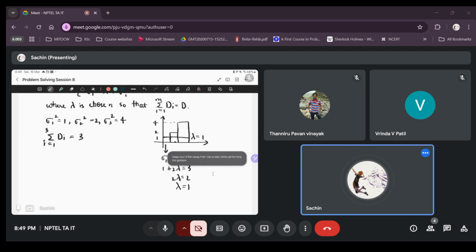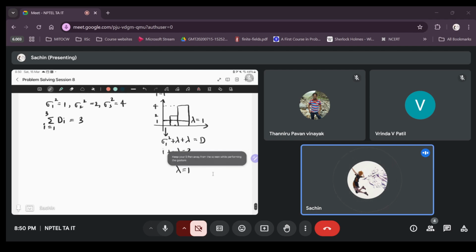Then check if it satisfies the condition that the sum of di is equal to D. If that's not possible, bring it again below the second highest value. Keep doing it, and for some particular value of lambda, you'll end up with values of lambda and sigma squares which add up to D.